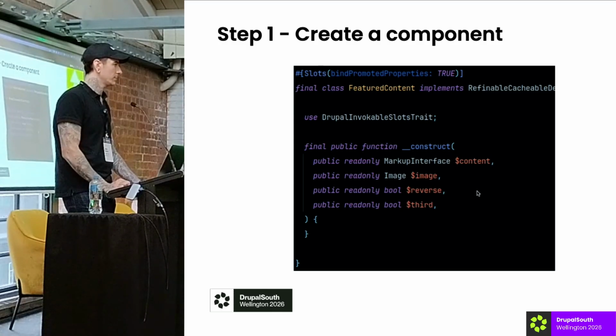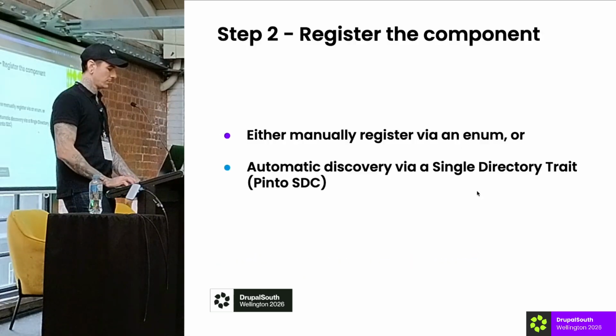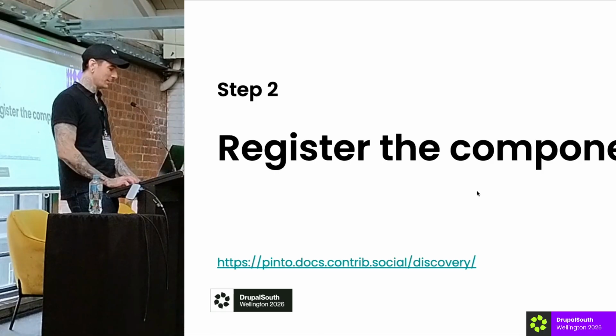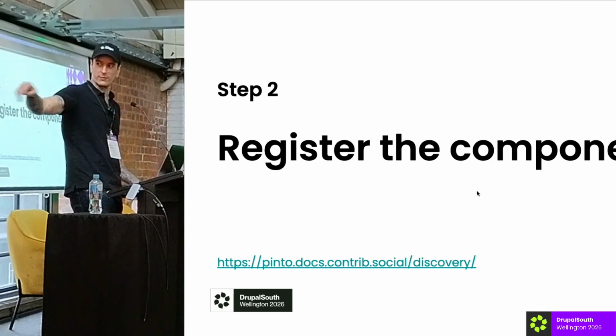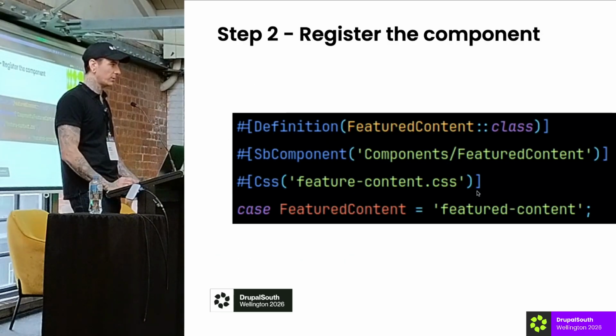Just a quick question. Registering the component for this one, is that in the class where you define it? It can be, actually. There are lots of different ways. All the methods of discovery are on the contrib Pinto page. But in this scenario, this is on an enum.